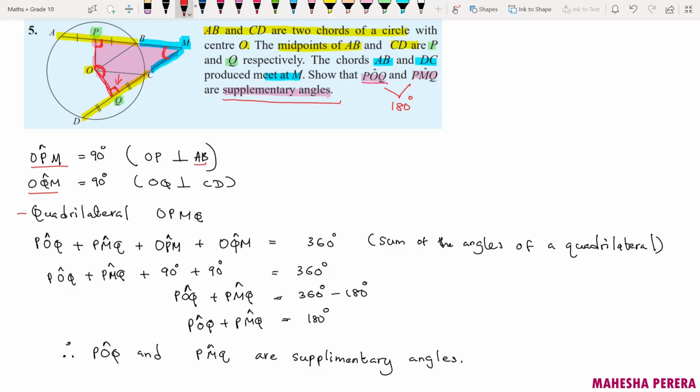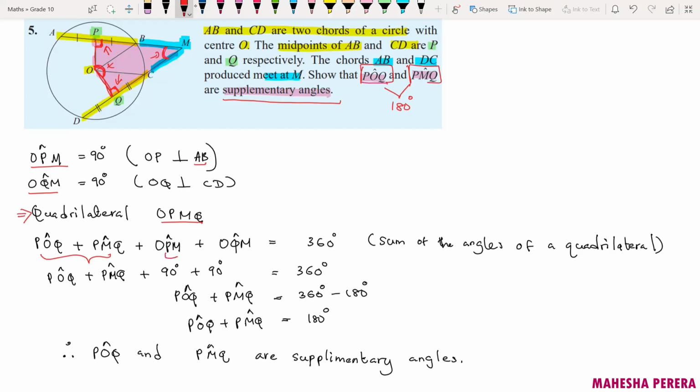Then when you consider the quadrilateral OPMQ, right? OPMQ, when we add these angles, we should get 360 degrees. So that's what I have written, right? And the first two angles are these two angles, right? The next two angles are 90 degrees angles, right angles, right?